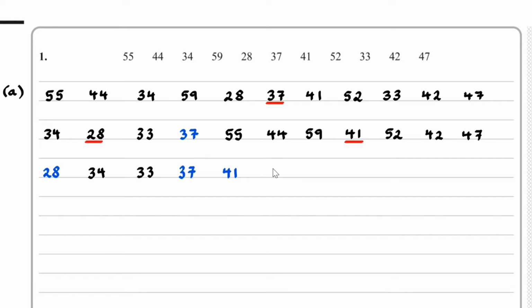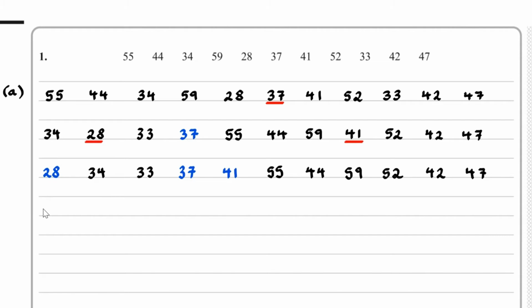We've got 55, 44, 59, 52, 42, and 47. We've got a sublist here and a sublist here.